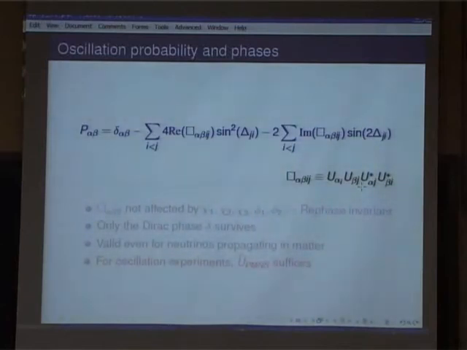So what does this mean physically? Let's say I have a flavor eigenstate nu alpha.